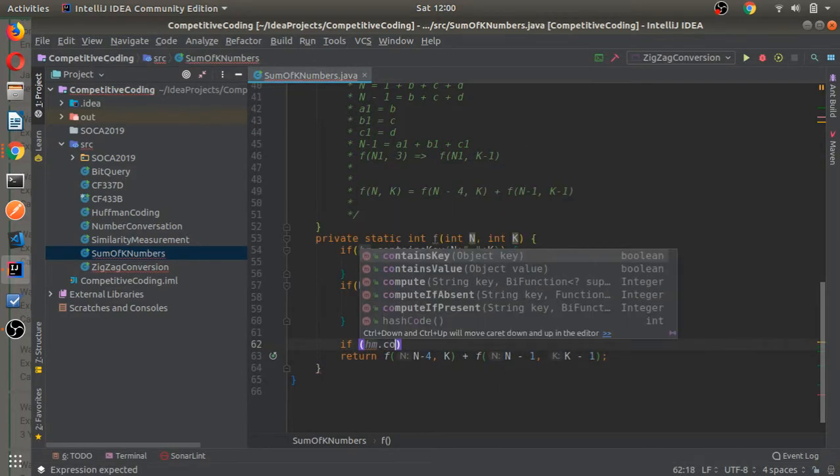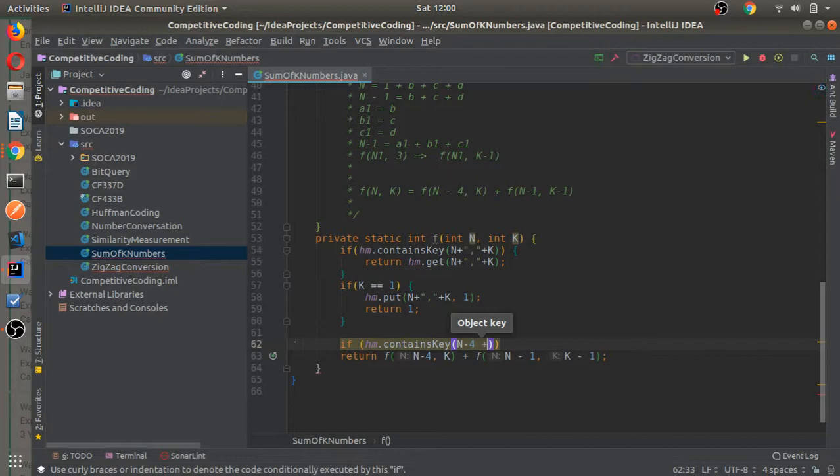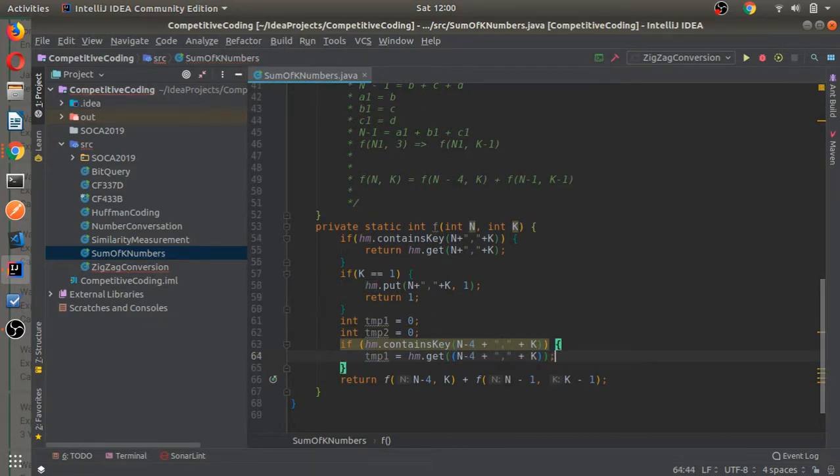If hm dot contains key n minus 4 plus comma plus k, then temp 1 is equal to hm dot get of this.